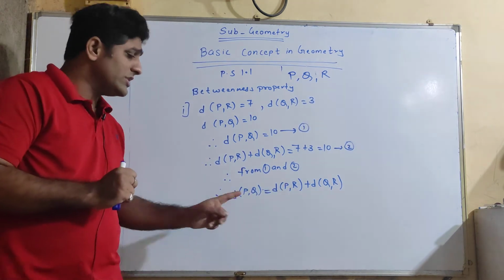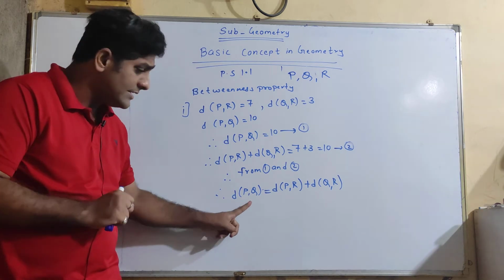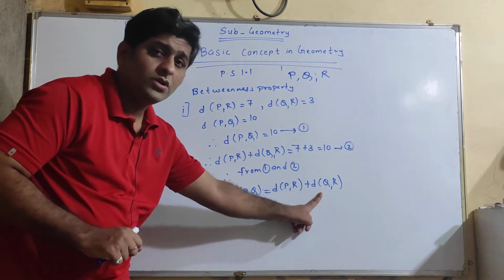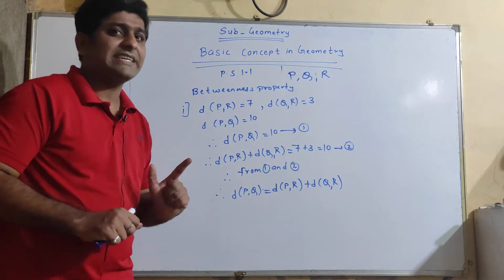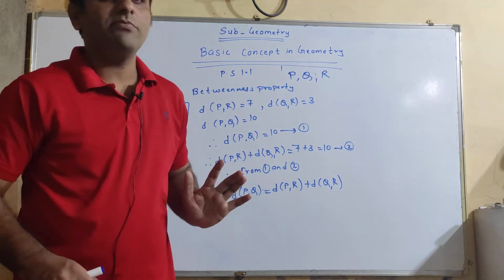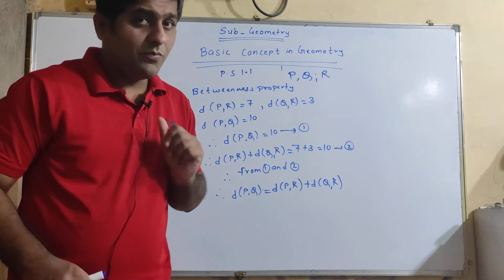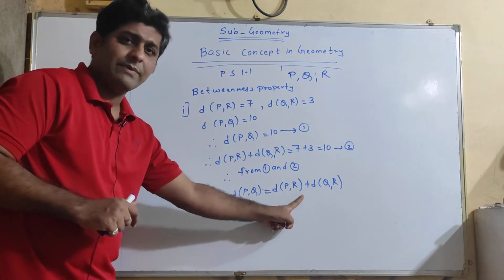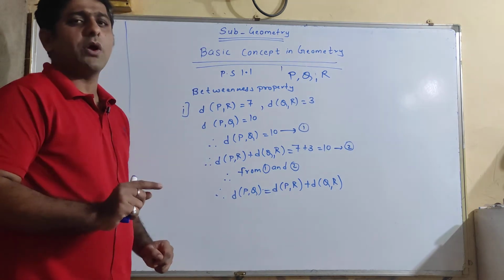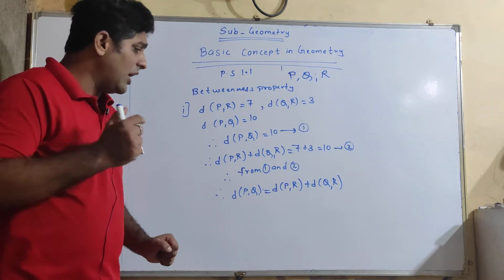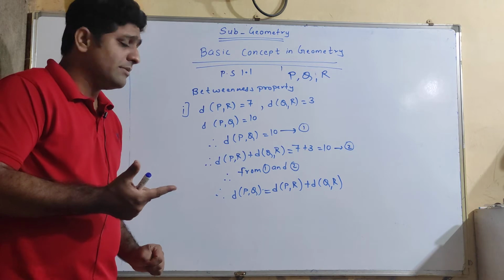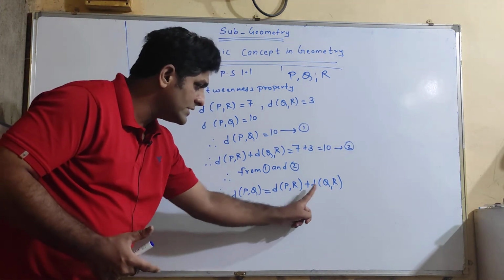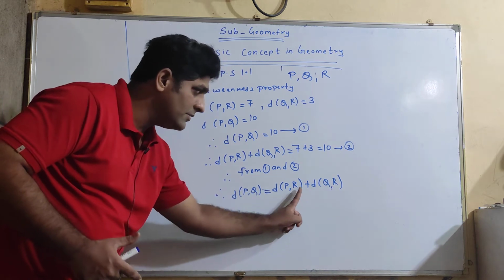When this happens, students, we say that there is a property of betweenness among the points. Is it clear, students? So therefore, since both the distances are equal, there is a property of betweenness. But how to find which point will come in the middle now? Look at these 2 distances, which have a common point over here.